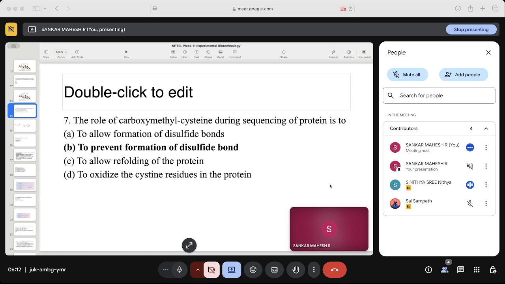Sir, cysteine is a sulfur-containing amino acid, right. And it's a building block of protein, sir. Yeah, every amino acid is the building block of protein. That is right. Do you know any other amino acid that has sulfur other than cysteine?